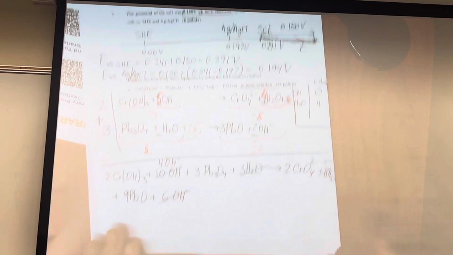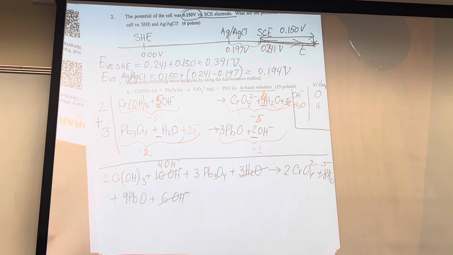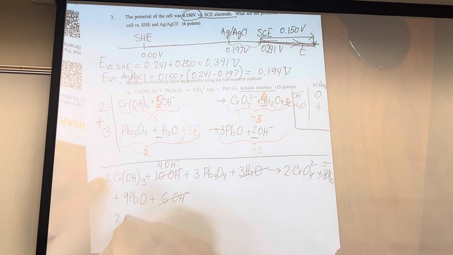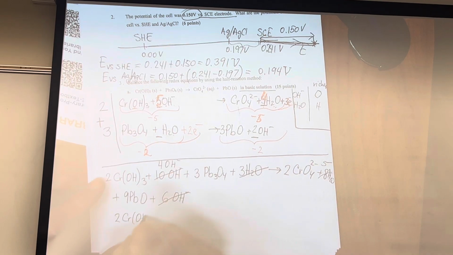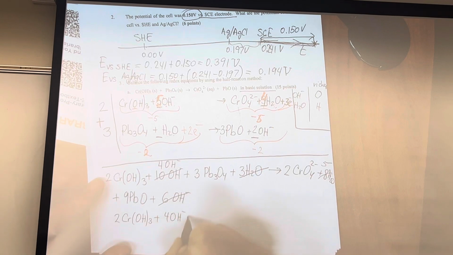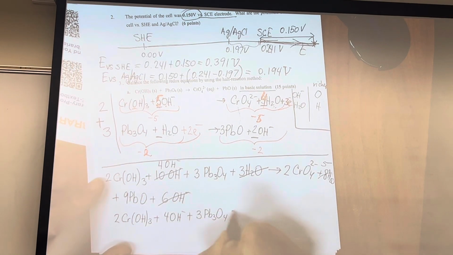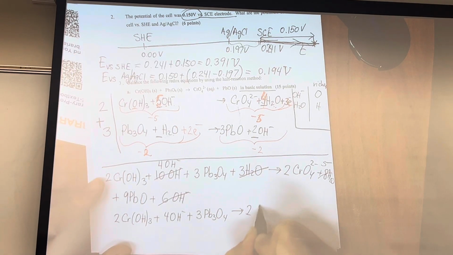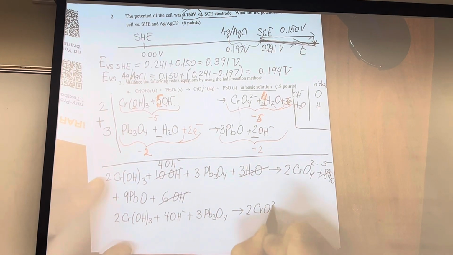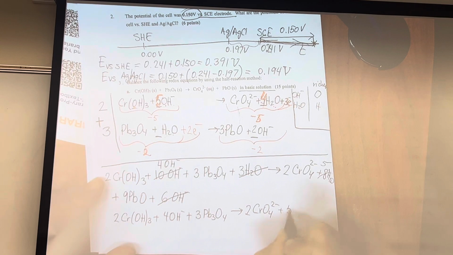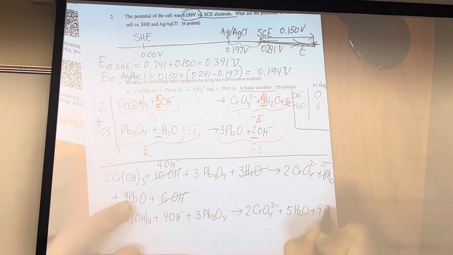I'm rewriting it again. Now, hopefully it's final. 2 chromium 3 hydroxide plus 4 OH minus plus 3 Pb3O4 goes to 2 chromium O4 2 minus plus 5 waters plus 9 PbO.